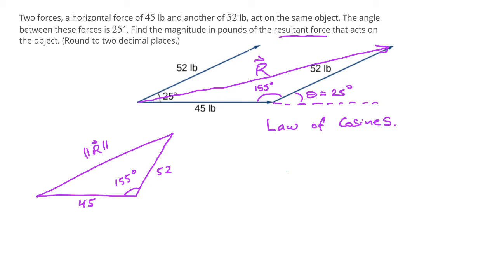And so, according to our law of cosines, the square of the magnitude of the resultant is just going to be 45 squared plus 52 squared minus 2 times 45 times 52 times the cosine of the angle between those two sides, or 155 degrees.